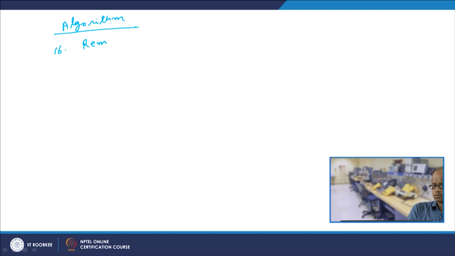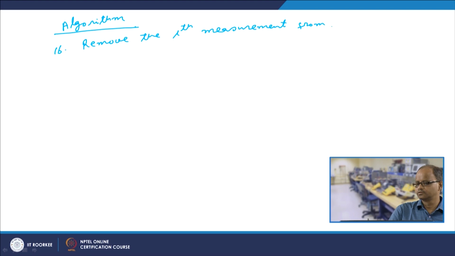Remove the Lth measurement from this set of measurements, right?